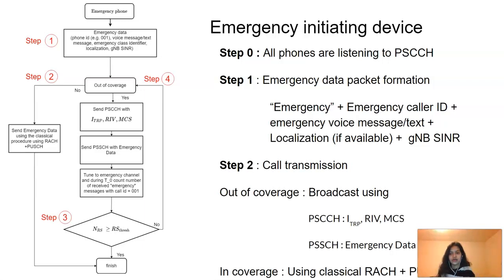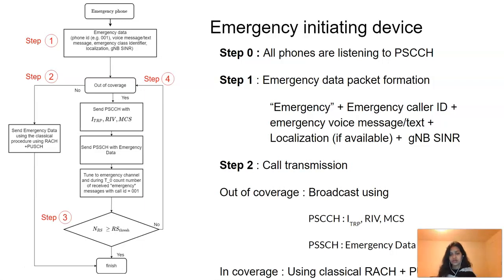First of all, when a device is in and out of coverage area, it will keep listening to the control channel of the side link that is used for D2D communications, and it will be receiving the control information coming from the control channel.